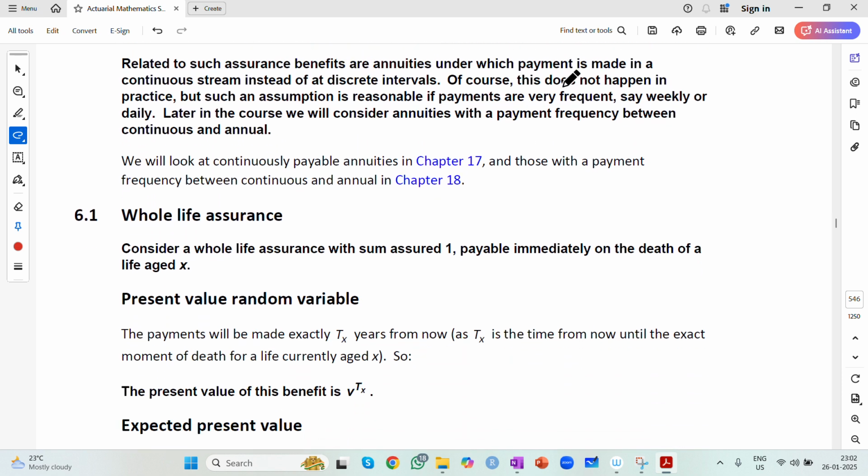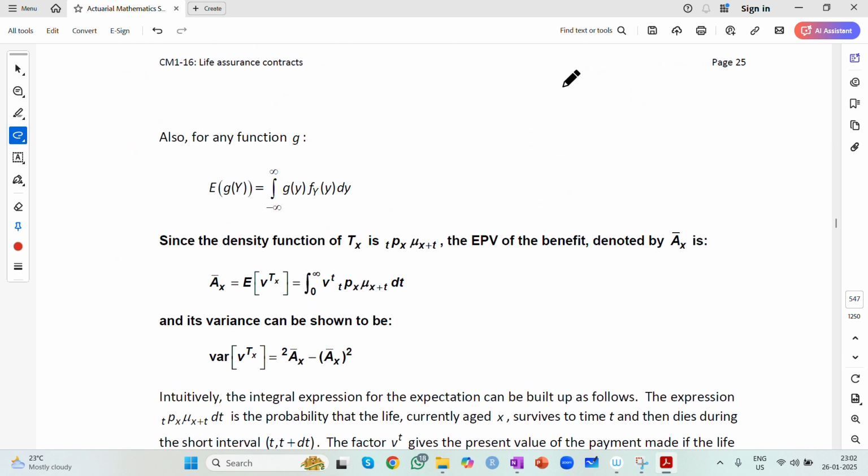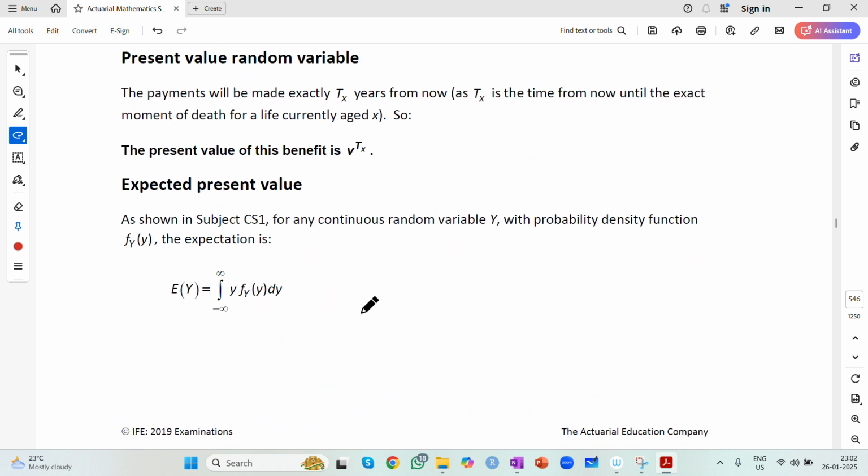So then we can note down certain points. The first point to note here is the PDF of T_x. We say f_{T_x}(t), or sometimes we simply write f_x(t) in abbreviated form.